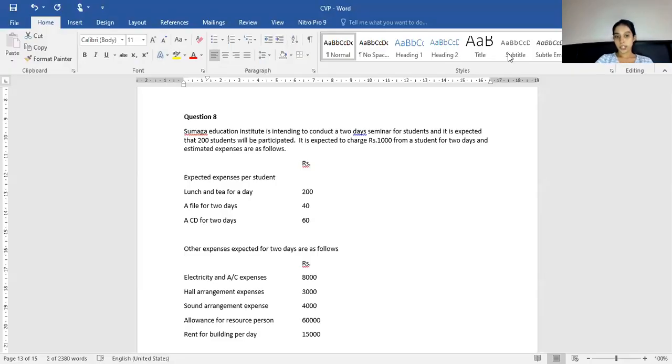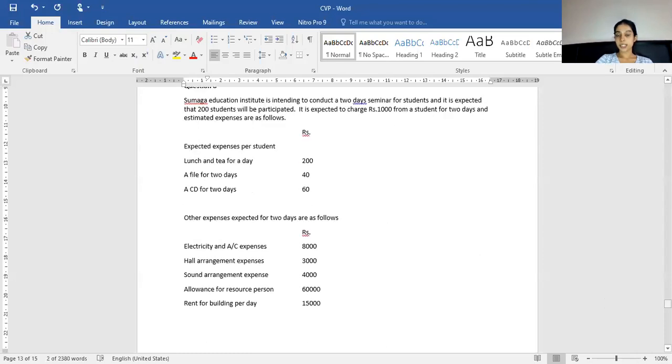Okay, so this is a final question. Sumaga Education Institute is intending to conduct a 2-day seminar for students, and it is expected that 200 students will participate. It is expected to charge rupees 1,000 from a student for 2 days, and estimated expenses are as follows. Expected expenses per student are given.